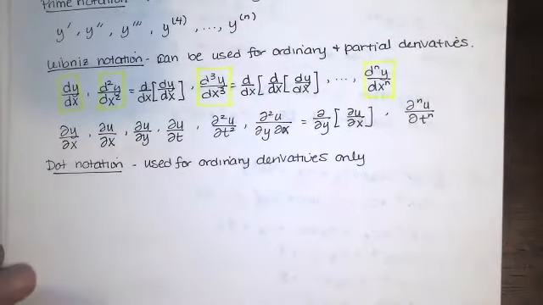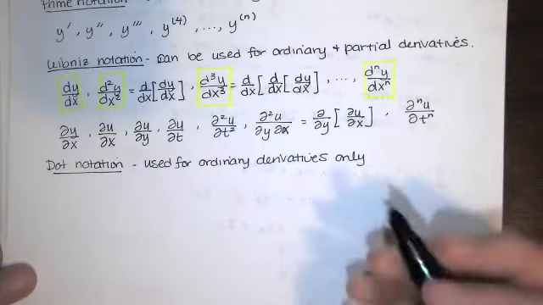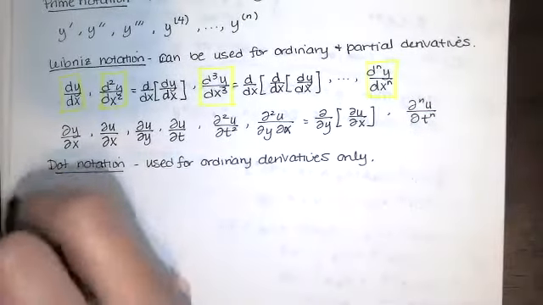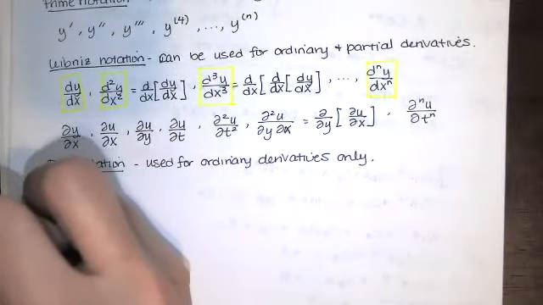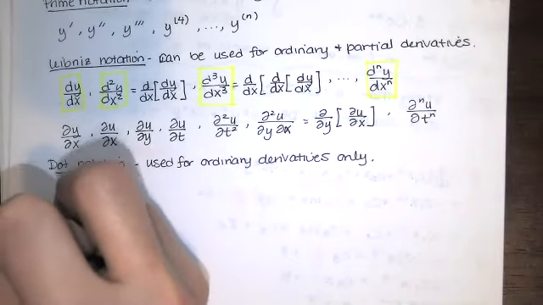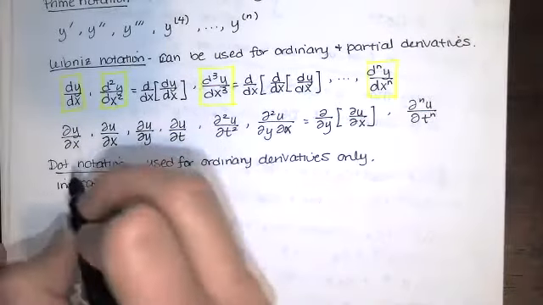And here, every dot indicates differentiation with respect to t. And t is usually representing time.